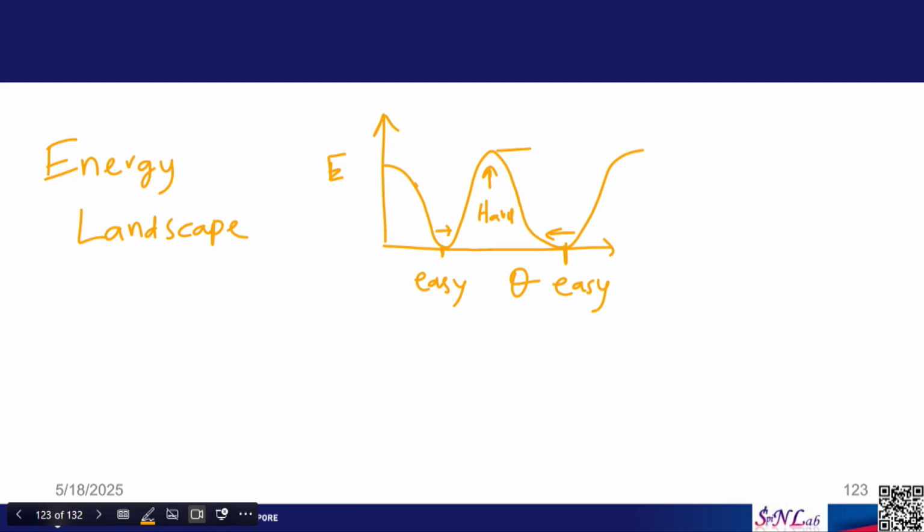This height of energy is called the energy barrier. And this energy barrier is given by Ku times V, where Ku is the material's anisotropy, called the anisotropy constant.